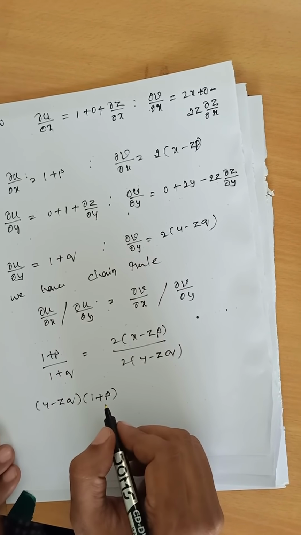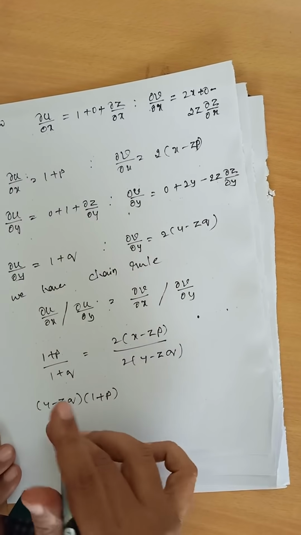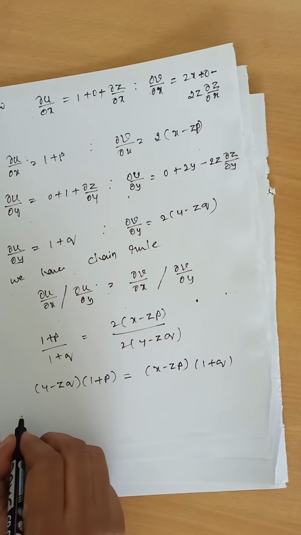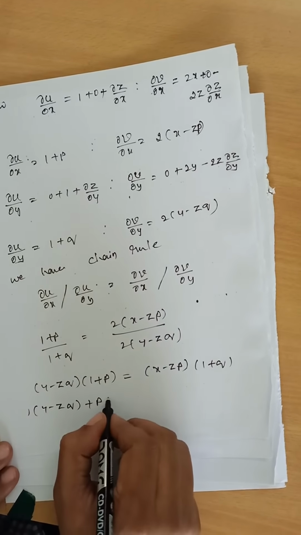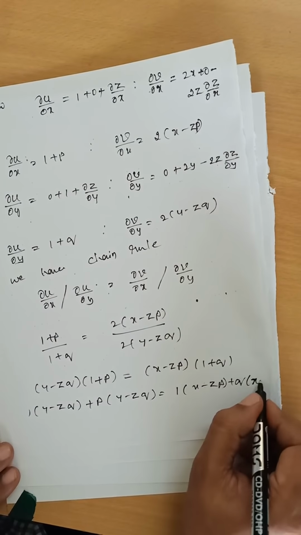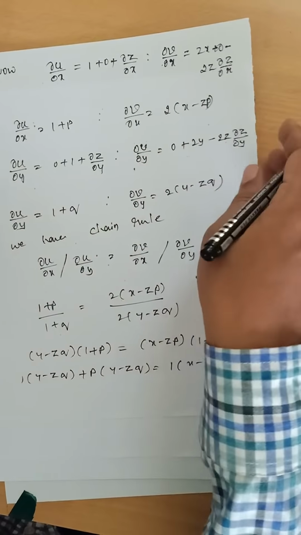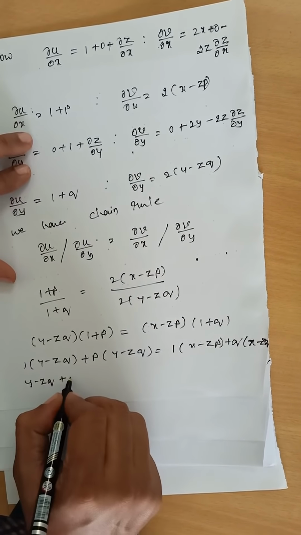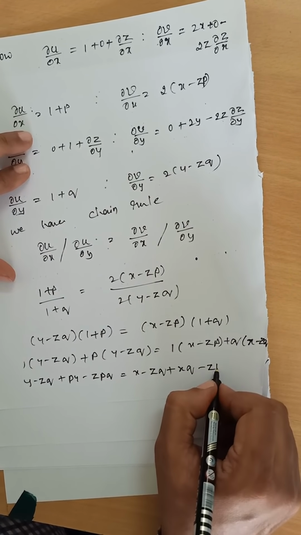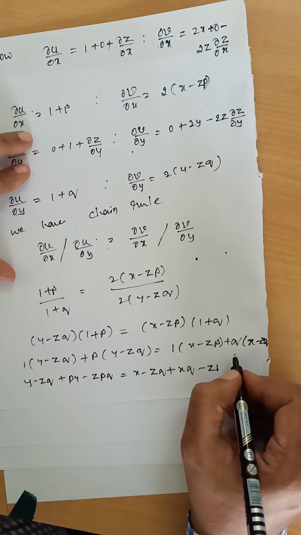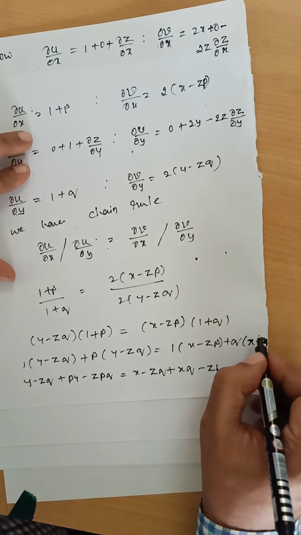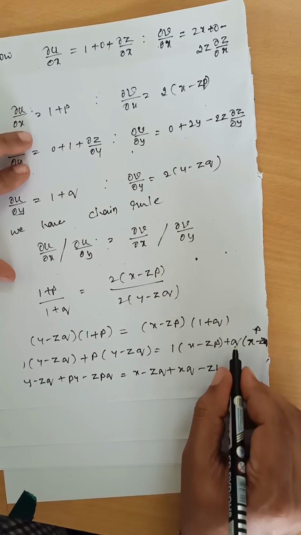See, the given PDE is always a single-line answer, which is why we simplify this. Cross-multiplying, x minus zp times 1 plus q equals y minus zq times 1 plus p.